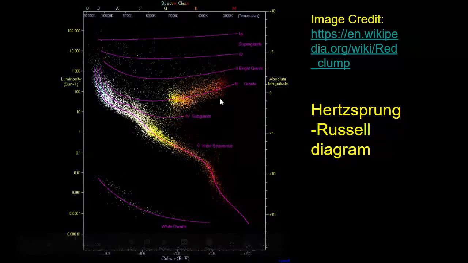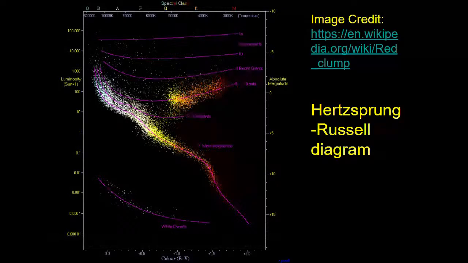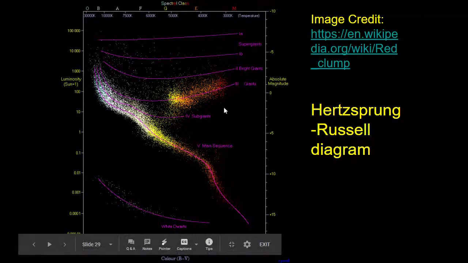Magnitude larger meaning the flux density is lower. So therefore, these stars are luminous, but their temperature is lower.